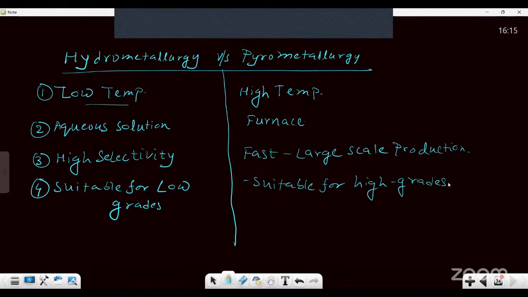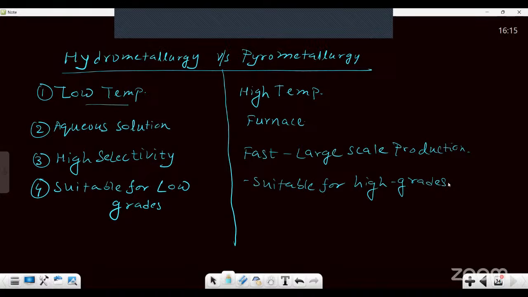So apart from that, there are also certain advantages as far as our hydrometallurgical routes are concerned. So what are those advantages?